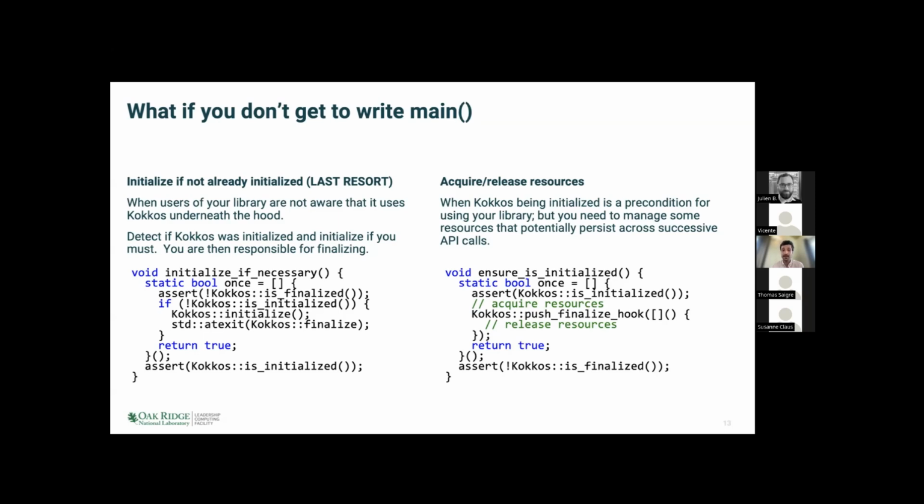And voila. Then in the path for subsequent calls, you just ensure that Kokkos has not been finalized. That's a pattern you can find, for instance, in Kokkos FFT. I apologize if I went a bit fast, but don't worry too much if it was over your head.